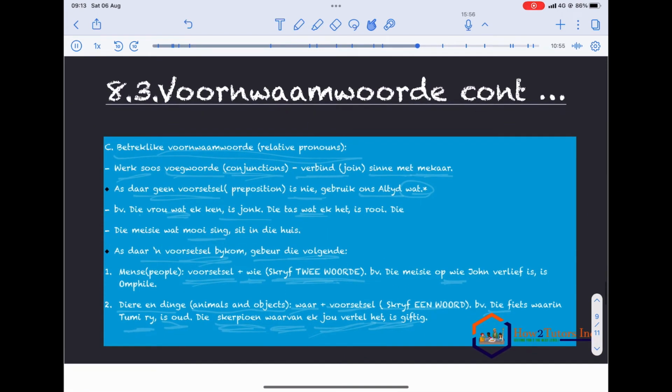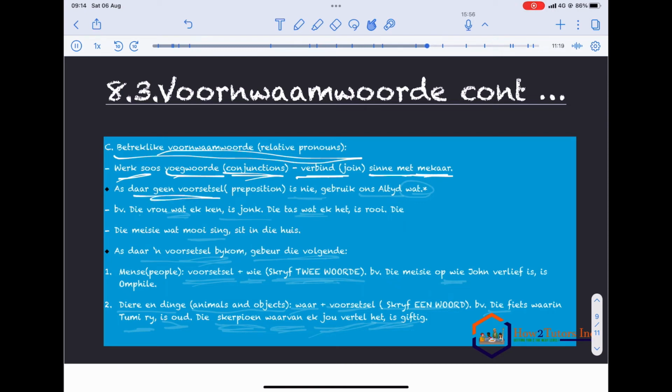Betreklike voornaamwoorde, relative pronouns. Hierdie werk soos voegwoorde. They work in place of conjunctions. Hulle verbind sinne met mekaar, they join sentences with each other. As daar geen voorsetsel is nie, gebruik ons altyd wat.